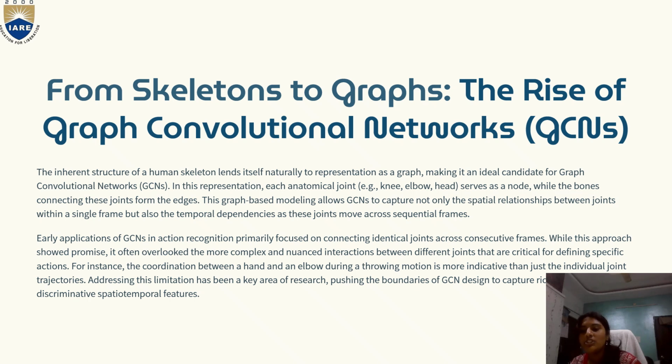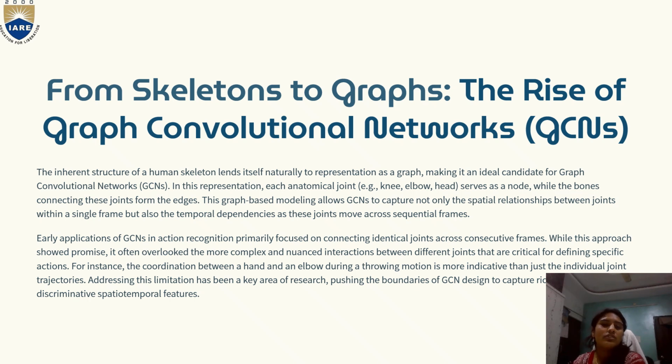Using graph convolutional networks (GCNs), we can capture both spatial relationships, how joints connect in one frame, and temporal relationships, how they move across frames. Early GCNs only linked identical joints across frames, but this misses richer interactions like wrist-elbow coordination in throwing. This is where advanced models step in.